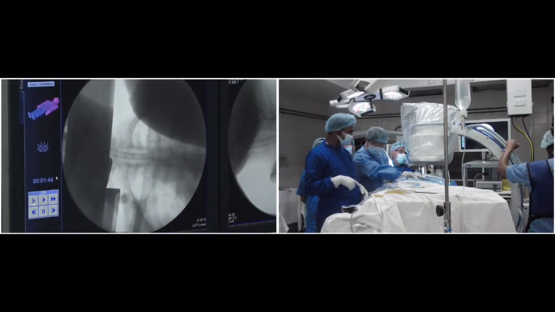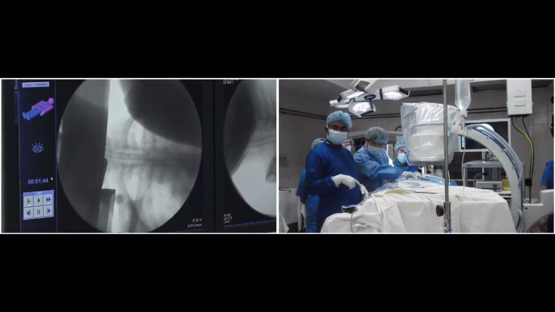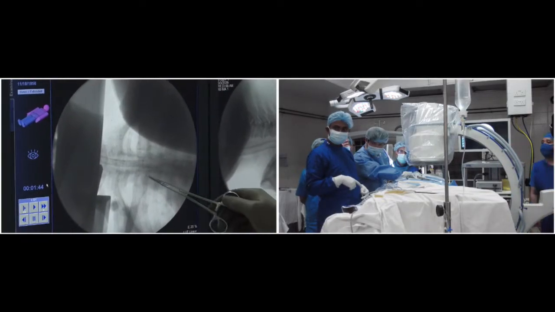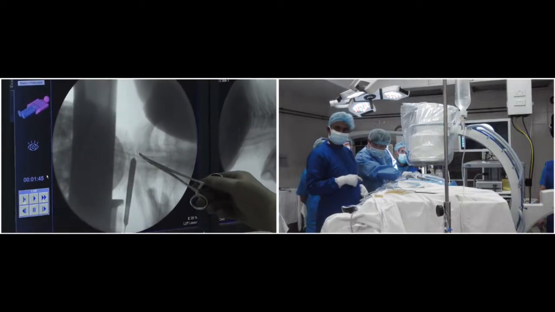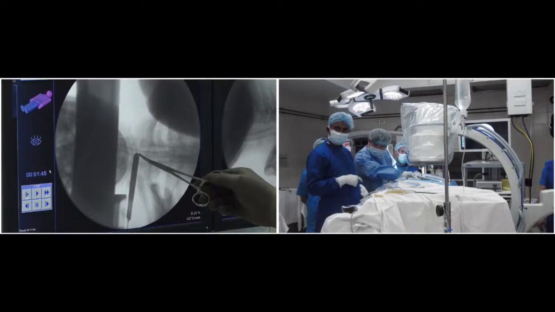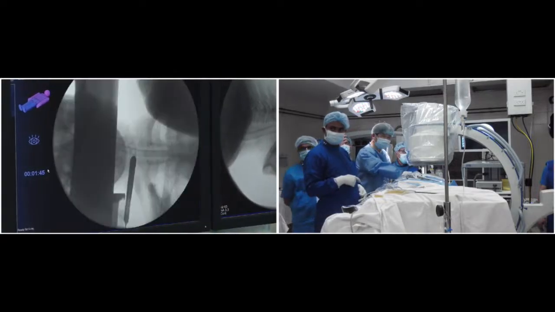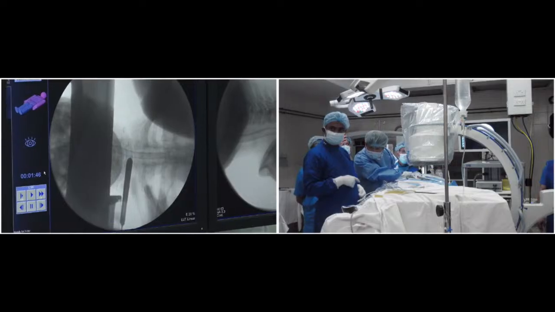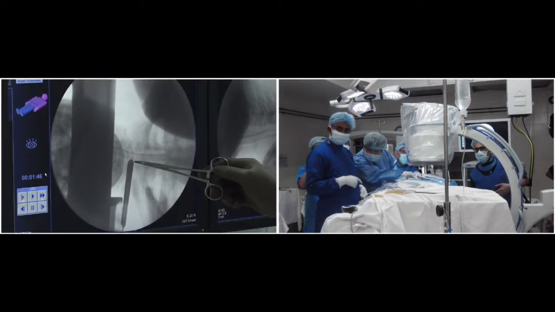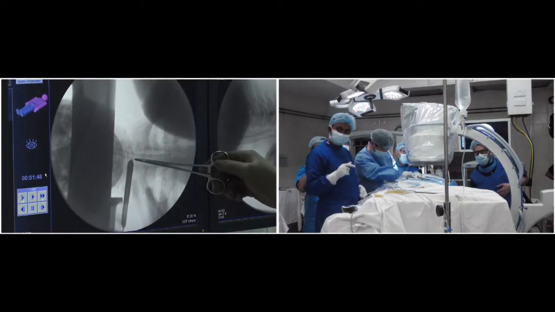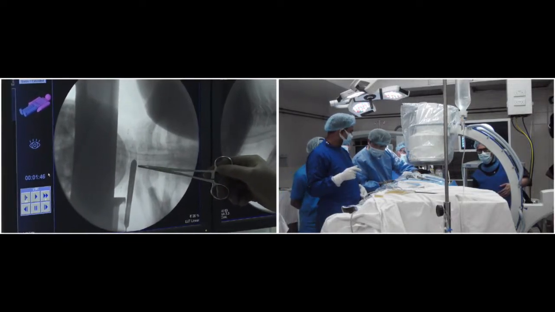Okay. So long distance from here. I cannot see. Shoot, please. That is correct, and that is the medial border.